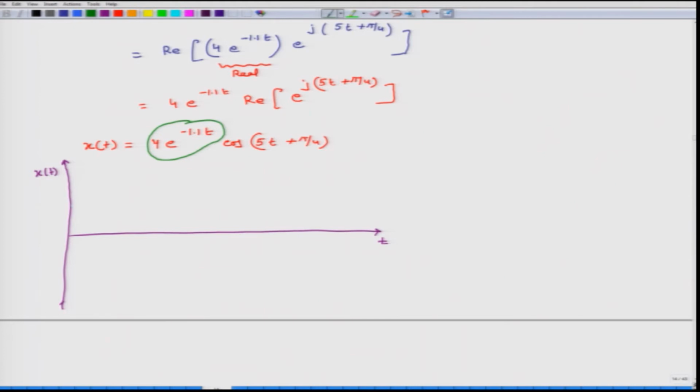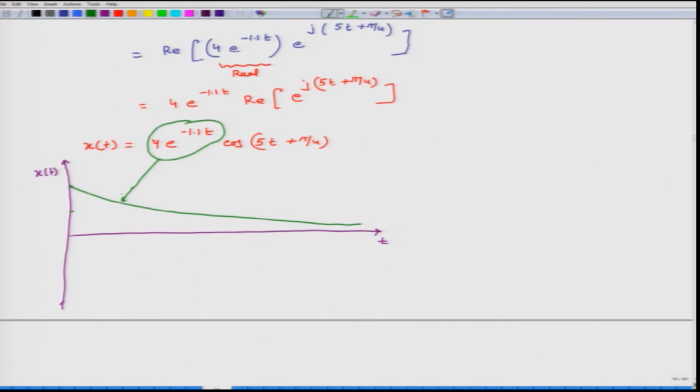Let us say this is 2, 4, and as time increases, the value in green becomes smaller. So, this curve will look something like this, the one in green.